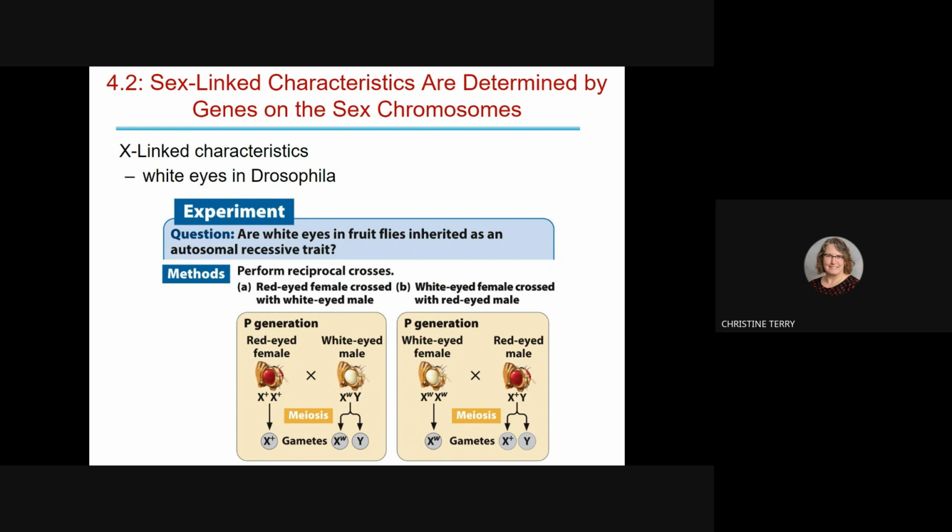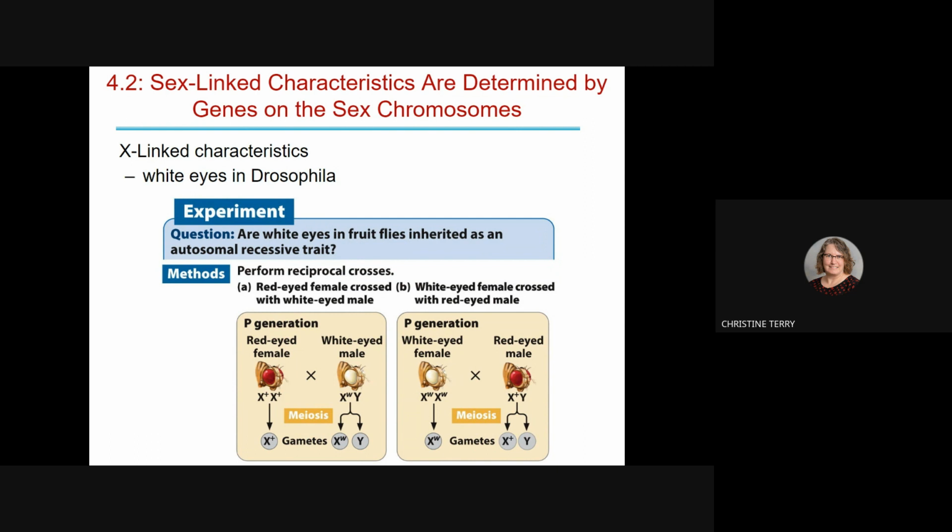Right? So if we have a red-eyed female, and she's homozygous for that red-eyed allele, remember that we refer to the pluses as the dominant allele, and without the plus is the recessive allele. So X plus refers to being homozygous for the dominant allele. All of her gametes are going to have the wild-type allele.